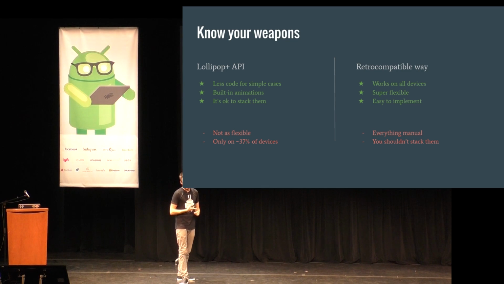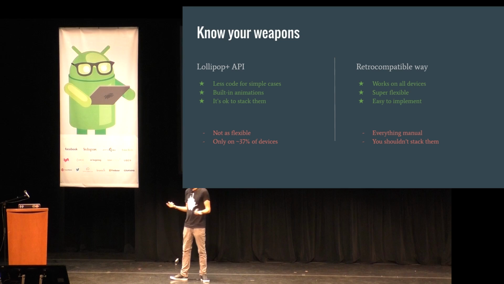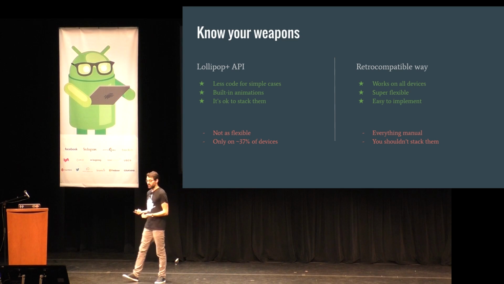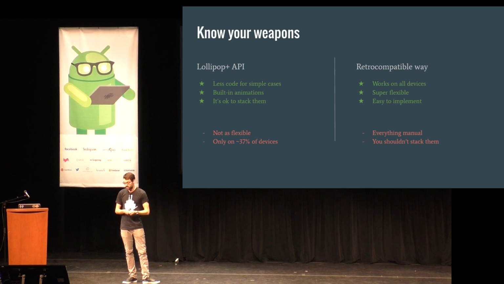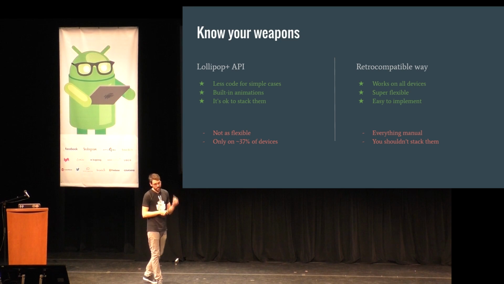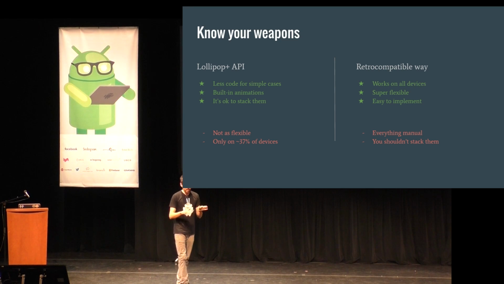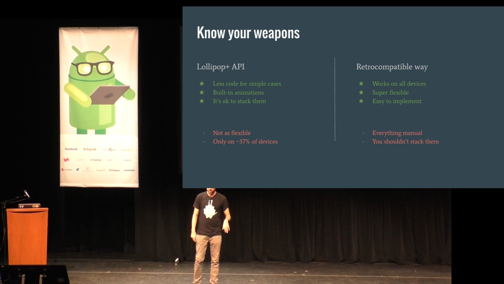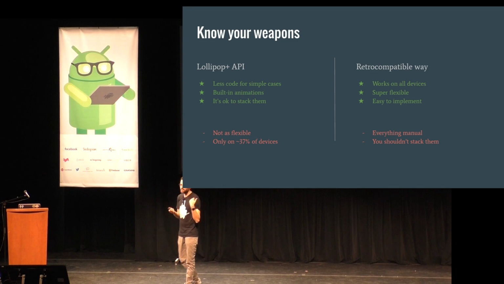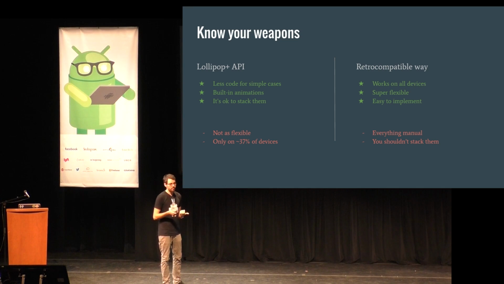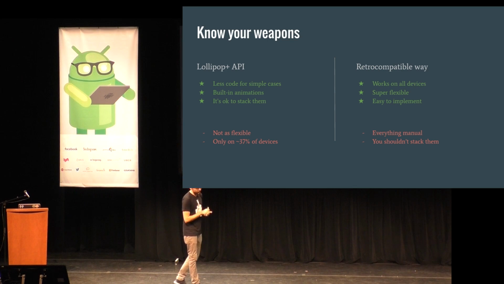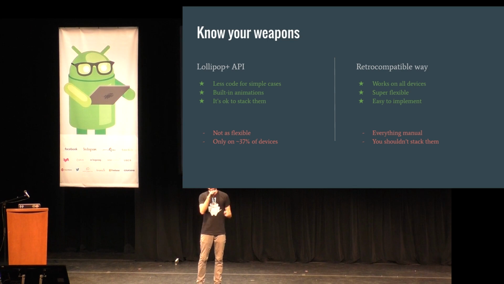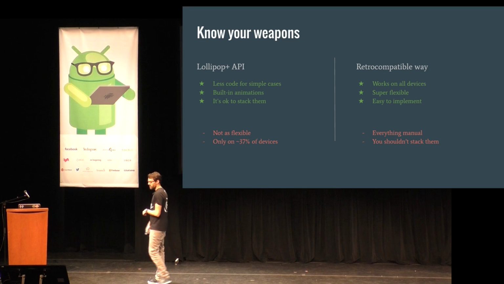You don't have to know how to write animation code, you don't even have to write animation code at all if you're happy with the built-in ones. And you don't have to worry about stacking them or any GPU thing, because the framework will handle that for you. And this is why they had to do a new API, because there's a new private API to do this toggling between translucent and non-translucent for your activities. And that's what they're doing under the hood.